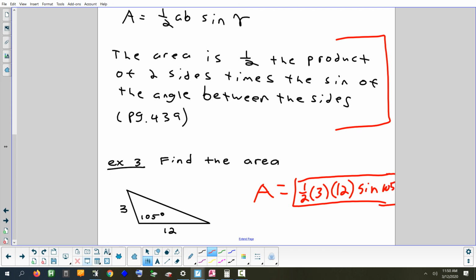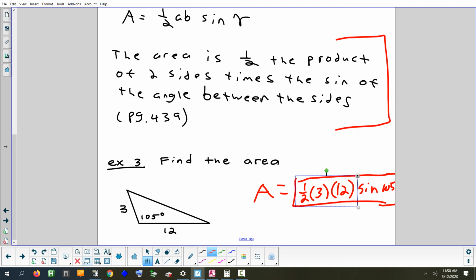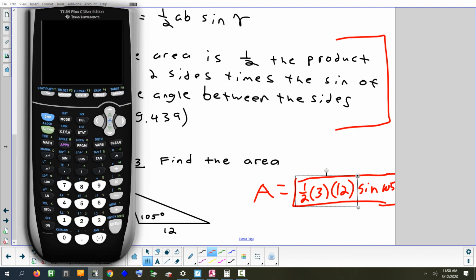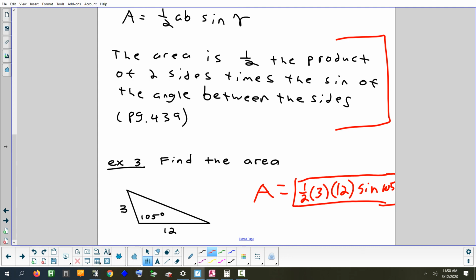There's your formula. And let's do what we can before we type it in. 3 times 12 is 36. What's half of 36? 18 sine 105. So the area of that triangle is 17.39 square units.